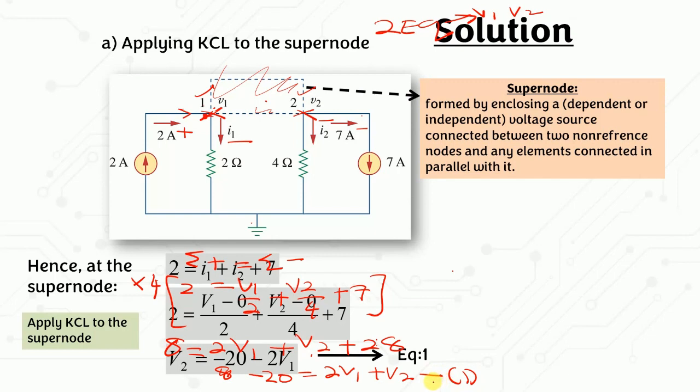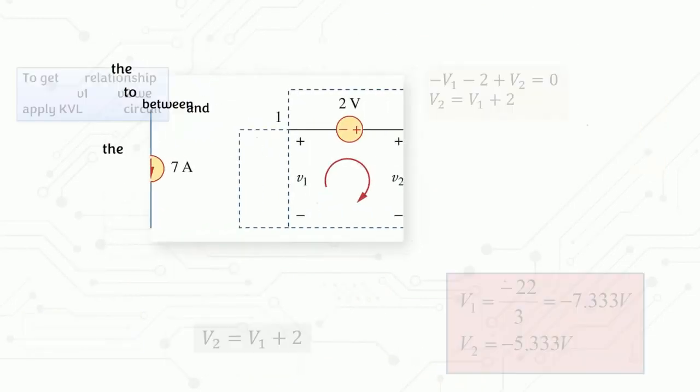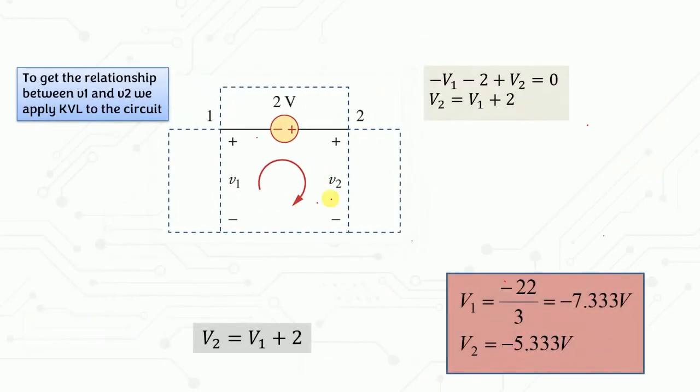Okay, and then you need to have this between these two supernode, right? You have this V1 and V2. You can just use the KVL, or you can just directly minus V1, just follow the directions of the positive here.